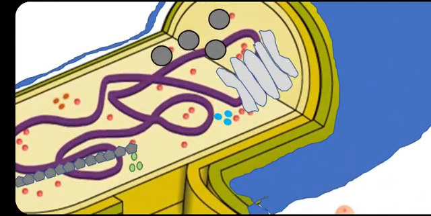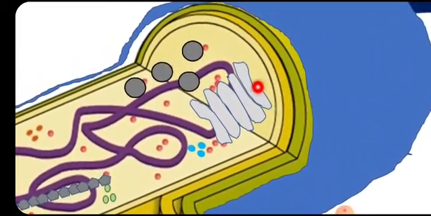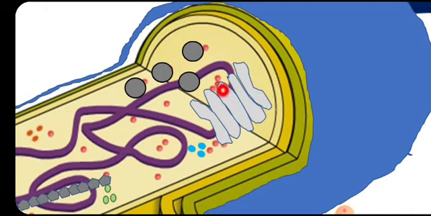We can see these are again accessory components present in the cytoplasm of few bacteria, mostly in photosynthetic bacteria. These are cylindrical shaped sacs, and these sacs are filled with gas.